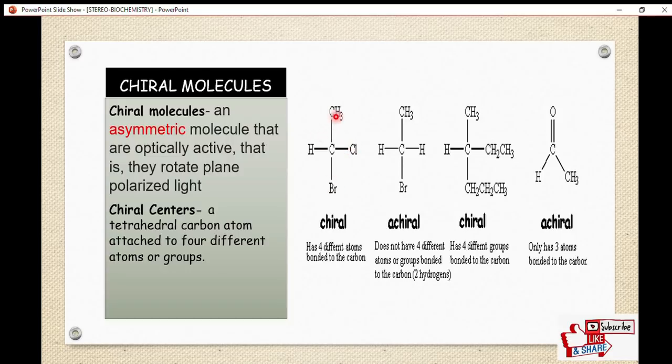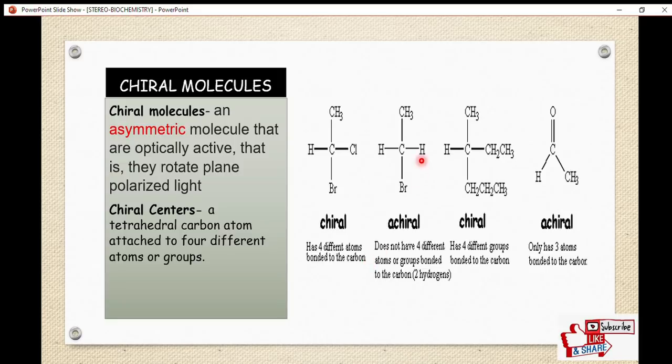We can represent them by A, B, C, D. A is different from B, B is different from C, C is different from D, and D is different from A. So this compound can be termed a chiral molecule, and the carbon here can also be termed a chiral center or a chiral carbon. Why? Because it has 4 different atoms bonded to the carbon.